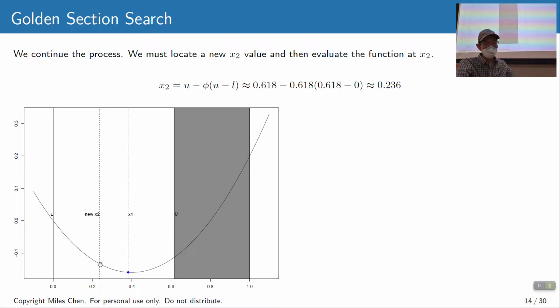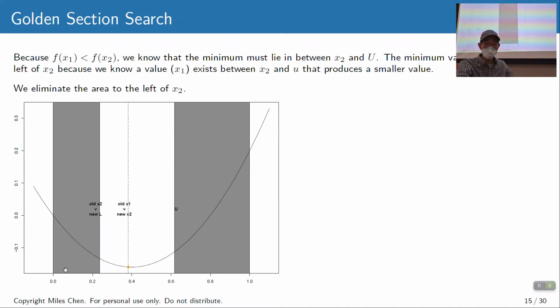And when we calculate the value of the function here, we find that this is greater than the value at x1. So we are going to eliminate everything to the left of x2. We're going to throw all of that away. Now this point, which is here, is 0.618 of the way from here down to here. Because of this golden ratio thing, I can still reuse this.